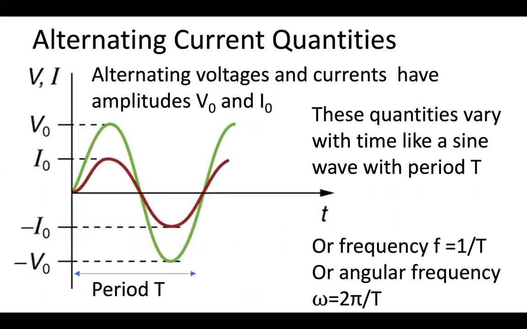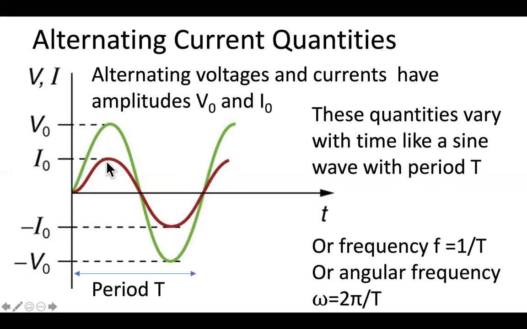The key things to remember, or the key parameters that define these things, are amplitudes and periods. The amplitude is basically the most positive or most negative of the voltage or the current. So the voltage goes up and down, but there's a maximum value it gets to. That is the amplitude of the voltage variations. The current swings back and forth.